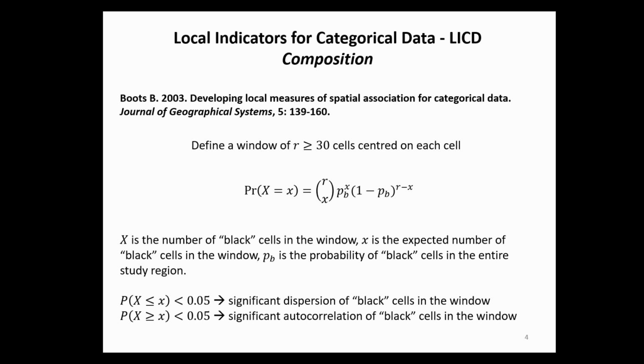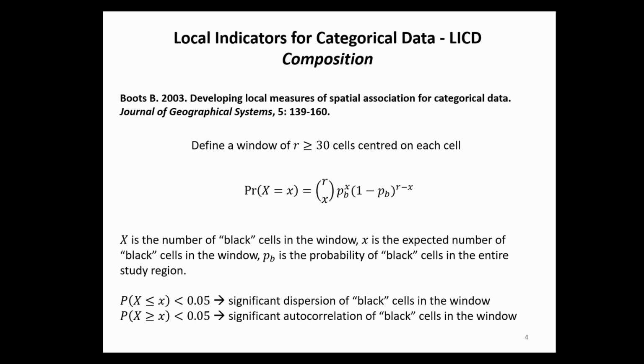In these moving windows, of course, the realization of the autocorrelation, so the contiguity or the proximity, or the occurrence of black cells within this moving window, follows the binomial probability mass distribution.